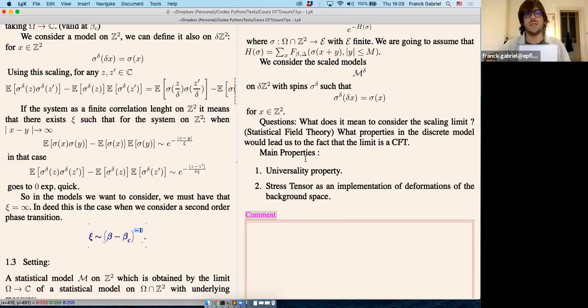Let's hope we can do this, plus the universality property, so that this will be lesson 8. Lesson 9, we can maybe do the stress tensor and show the Ward identity for the stress tensor. Lesson 10, maybe we can do the Virasoro algebra, and possibly talk a little about unitarity, and lesson 11 about the theorem on unitary representations of Virasoro.